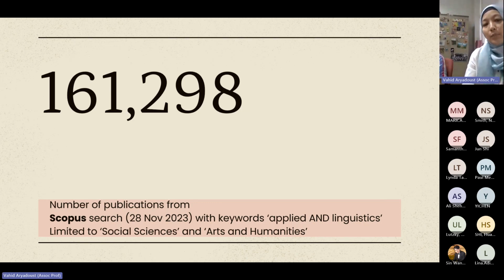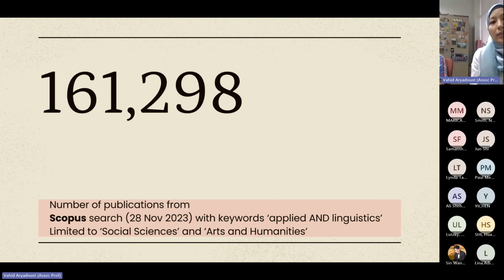And then when you limit it to social sciences and arts and humanities, this is basically the huge number of publications so far that we have. So given this huge number, how can anybody really go through this many publications, right? So this is what we want to talk about today.